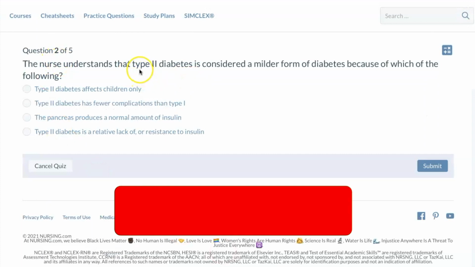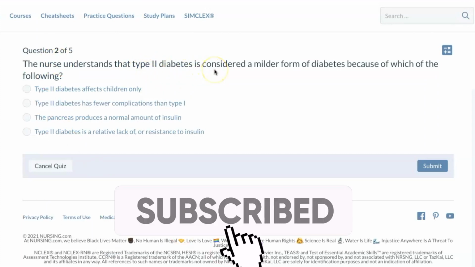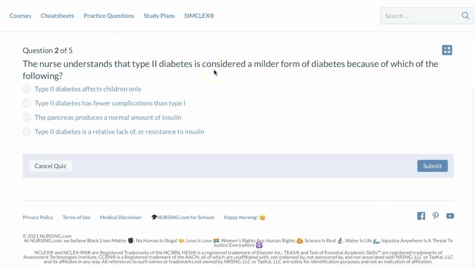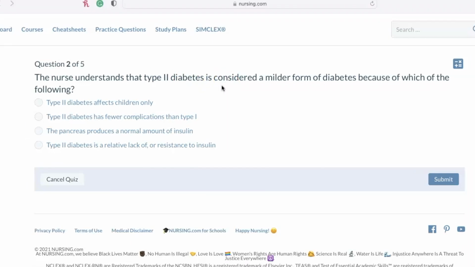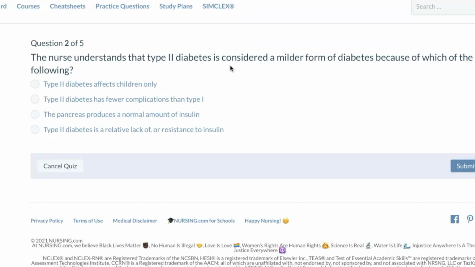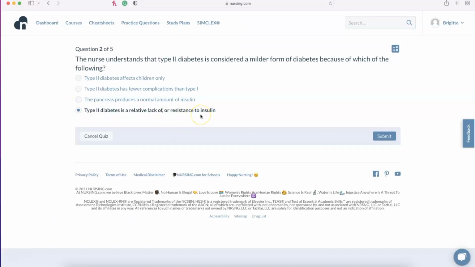The nurse understands that type 2 diabetes is considered a milder form of diabetes because which of the following? So this is an example of when you don't always agree with the test writers. I don't really like that they call it milder, because I have seen some terrible complications from uncontrolled type 2 diabetes, but the premise that they're going for here is resistance to insulin.